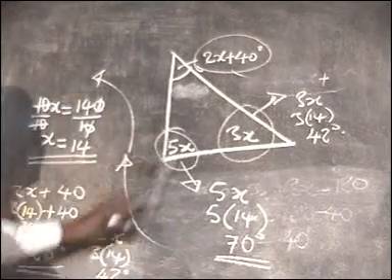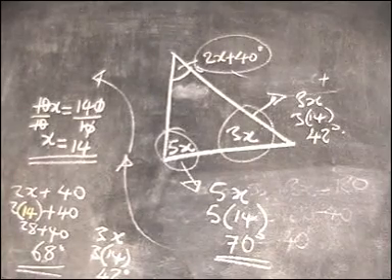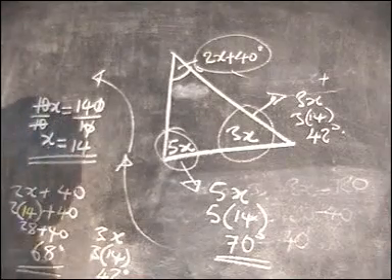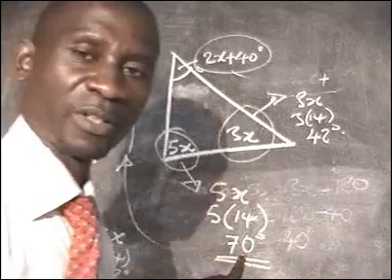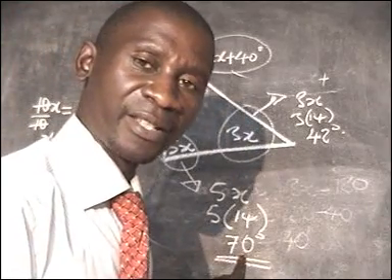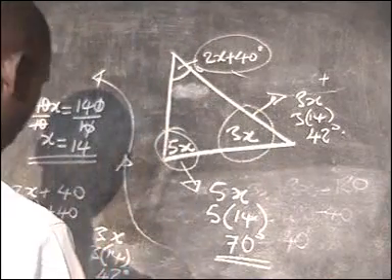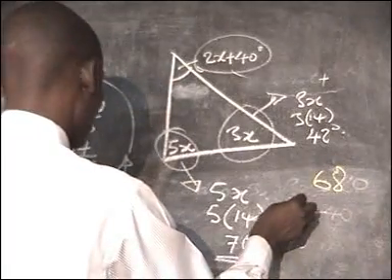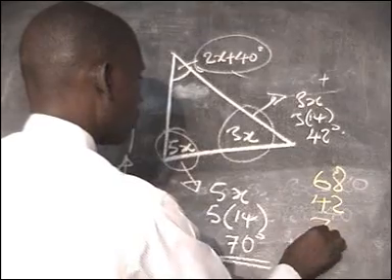So the three angles are 68, 42, and 70, of which if you want to prove, you have to add 68 plus 42, then plus 70, and you have to get 180 degrees. At this point in time, I'm not interested in proving, but for the sake of checking, this is 68, the first angle, the second one is 42, and the third one is 70.